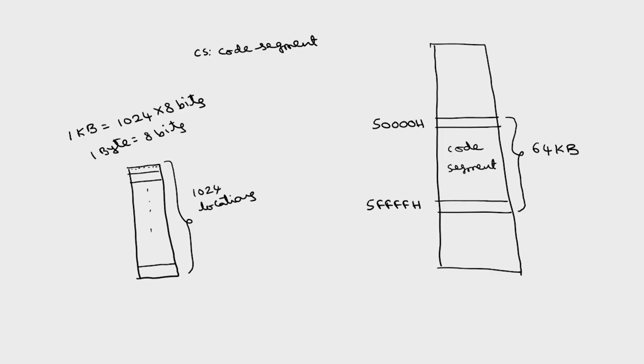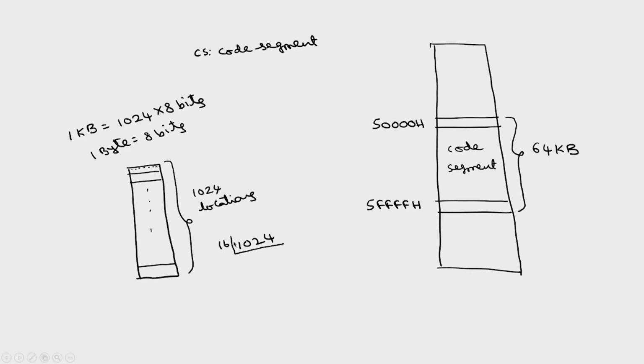So, if I convert this 1024, which is decimal, into hexadecimal, in order to convert a decimal number into hexadecimal, you successively divide by 16 till the quotient is 0.